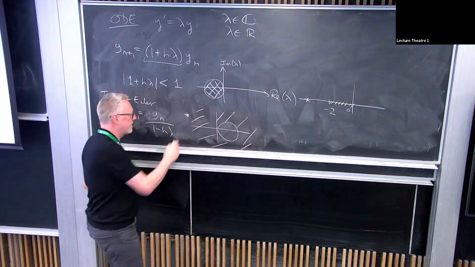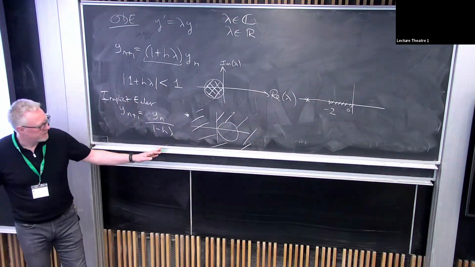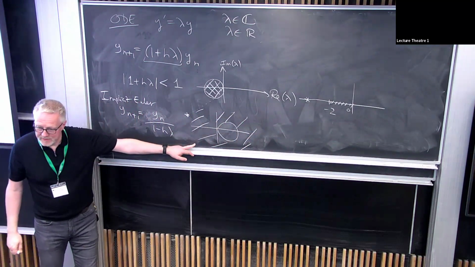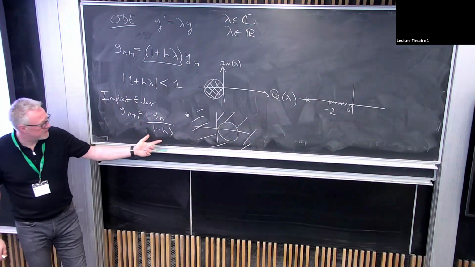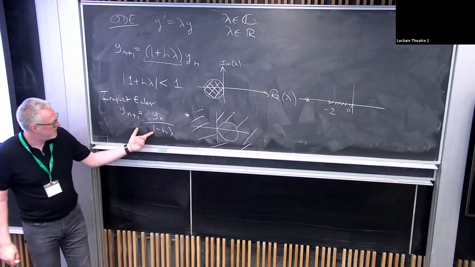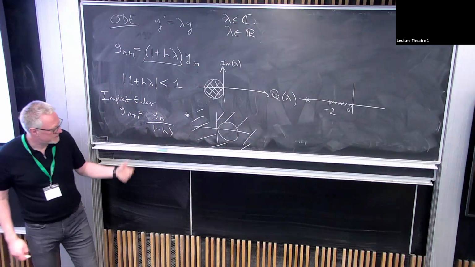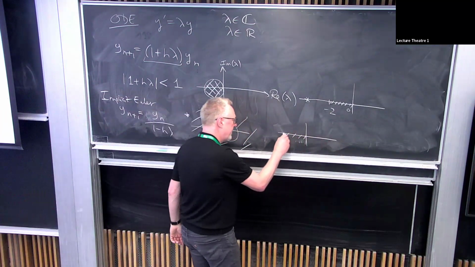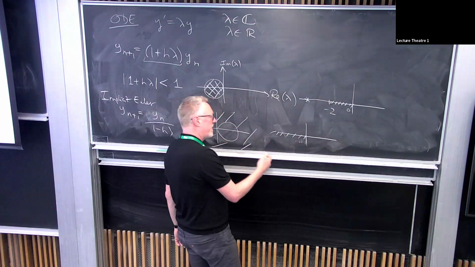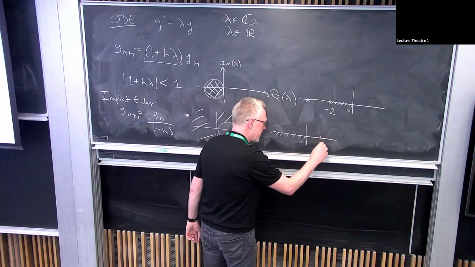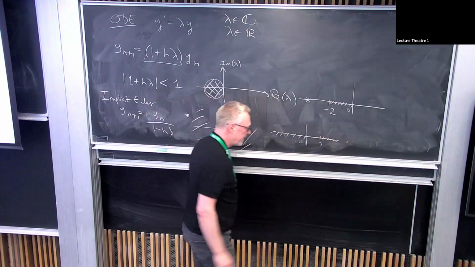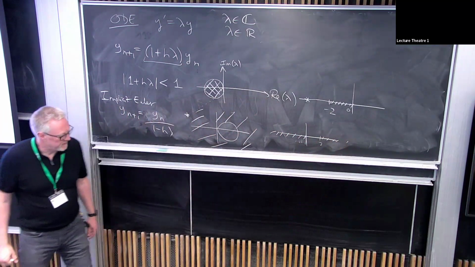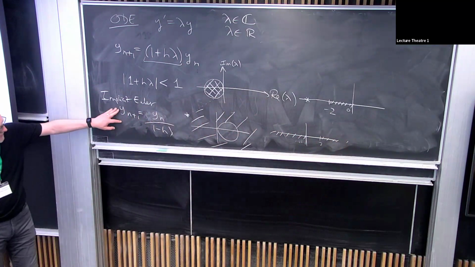So the entire left half of the complex plane is stable, so there's no restriction on h. If you have a negative real part lambda, then this will always give you a stable result. Or the stability interval is the whole left half of the real axis, but also you'd rather not have to the right of 2. Okay, so this is the implicit version giving you better stability.